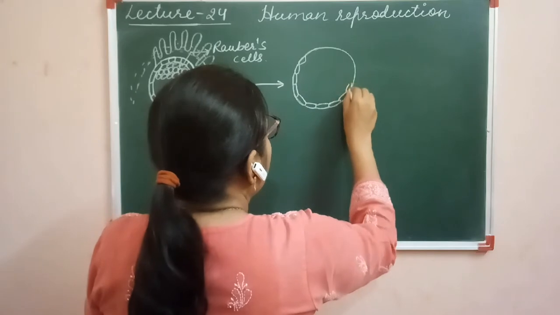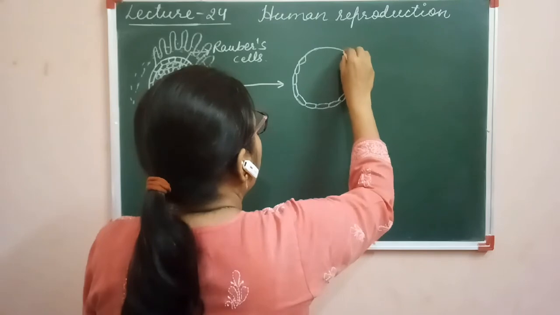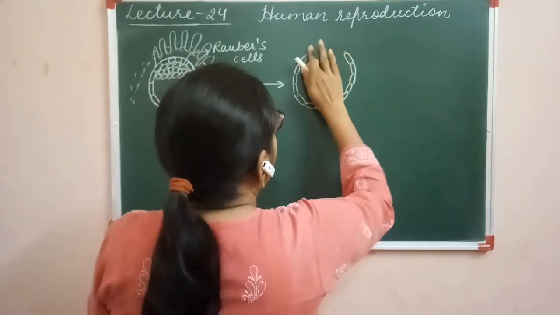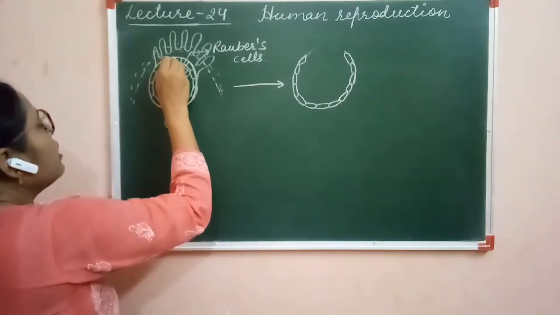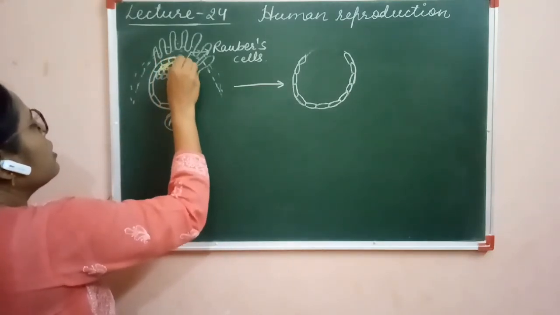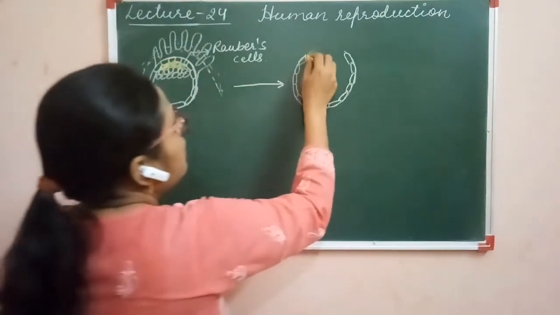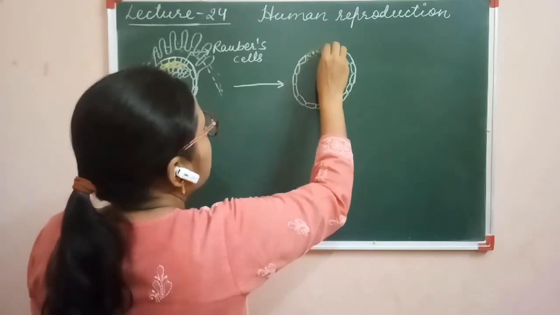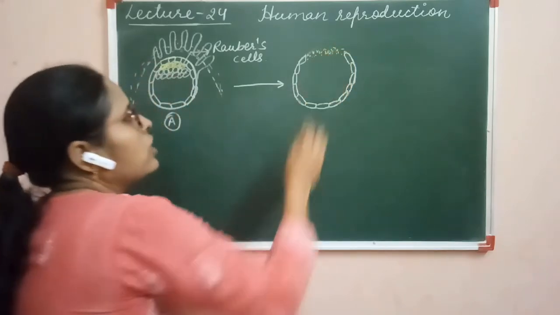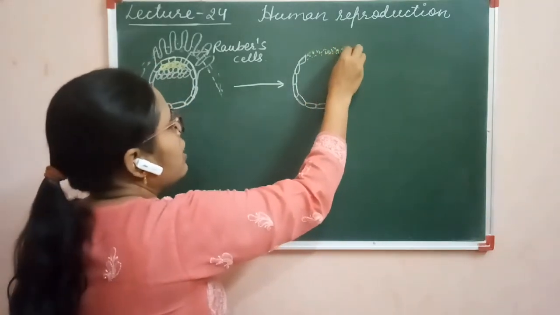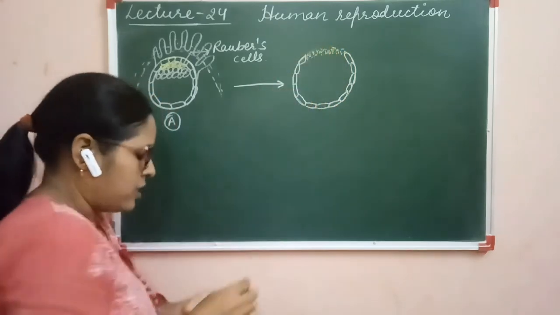Here are the cells called Rauber's cells, the yellow colored or shaded cells, and these Rauber's cells start degenerating. The Rauber's cells degenerate from here, and the cells of embryo are arranged in a layer like a disc.